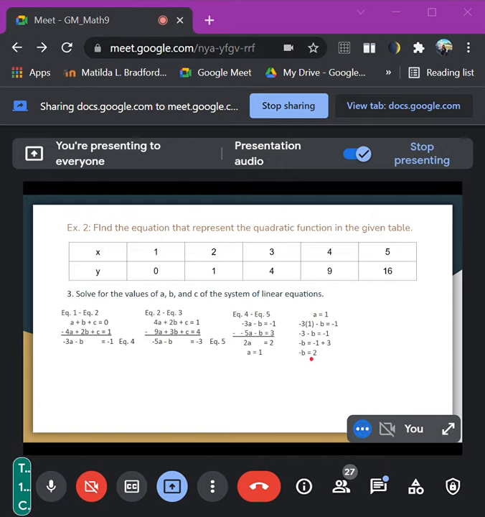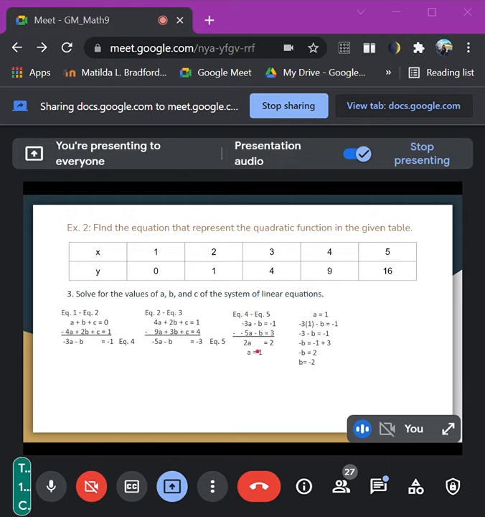Simplify, negative B is equal to 2. But our goal is B only, so divide both sides by negative 1 to cancel the negative on B. So you will get B is equal to negative 2, because 2 over negative 1 is equivalent to negative 2.